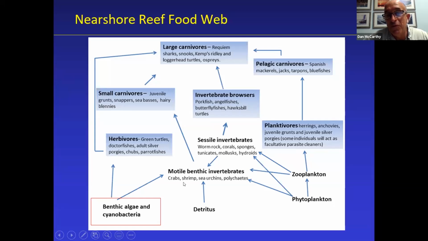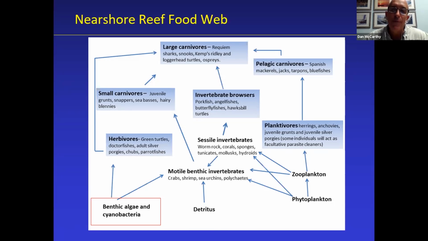But you also have a number of crabs, shrimp, sea urchins, and various worms such as polychaetes that will feed on them too. If you go from here to here, then there are organisms that will take that energy and eat these benthic invertebrates, such as small carnivores, and for the most part we're talking about fish. And then there are other larger organisms that will take that energy, and it's transferred at very, very low percentages as you go up the trophic pyramid. But the point is that the energy is having an effect throughout the food web. That's one of the reasons macroalgae is important.